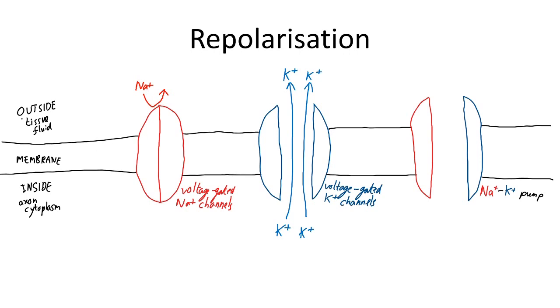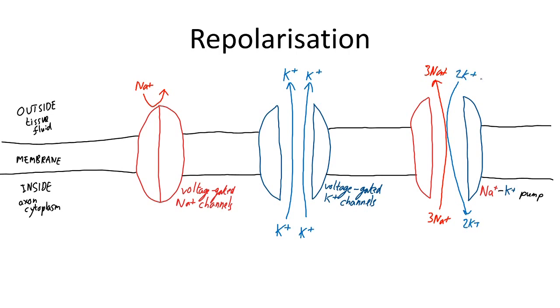We're also going to see the sodium-potassium pump kick in again. So the sodium-potassium pump begins as it did before, actively transporting sodium ions out and potassium ions in to the axon in a ratio of 3 to 2.